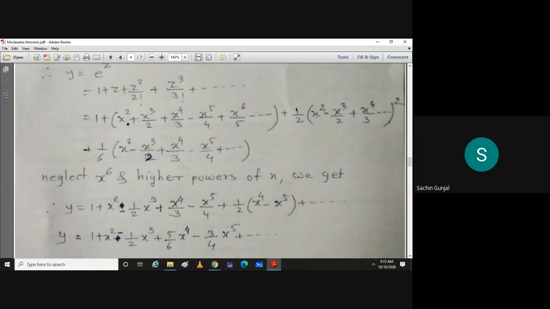Let me tell you that in the exam, what exactly we are going to check are the coefficients. If you substitute the series expansion correctly, then we are going to check these coefficients of powers of x. If they are correct, then your whole calculation must be correct.